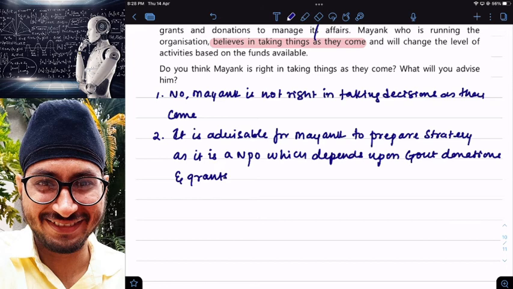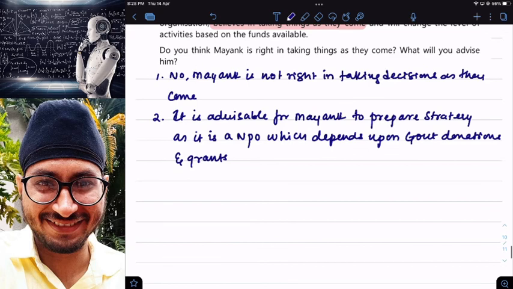Which depends upon what, sir? Government donations and grants to provide medical facilities to poor. Medical facilities to poor. Correct?